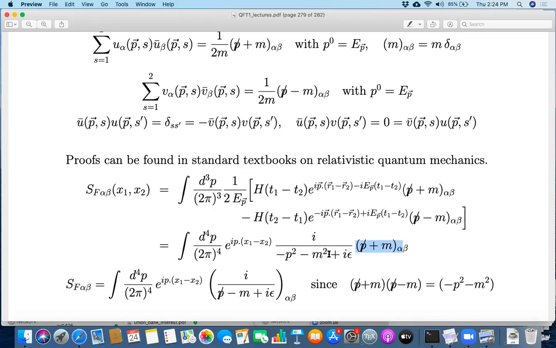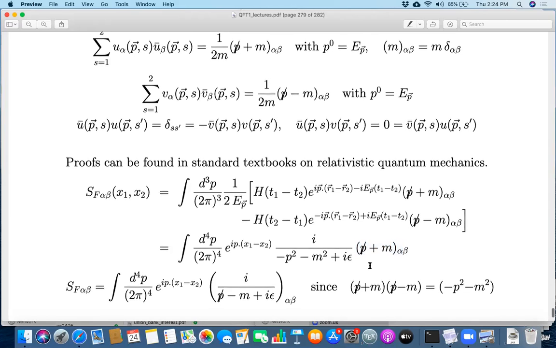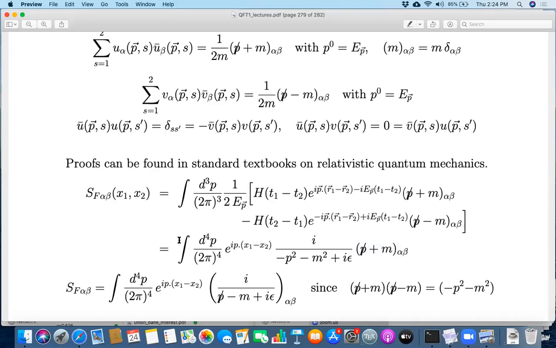Okay, are there questions? So this equation we can also write in a slightly different way, which is here. This is the matrix inverse.